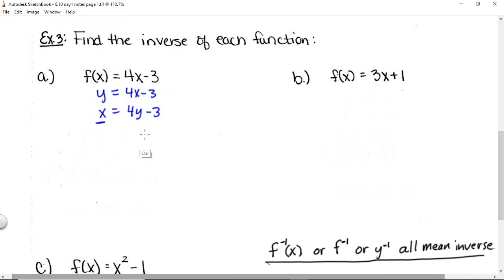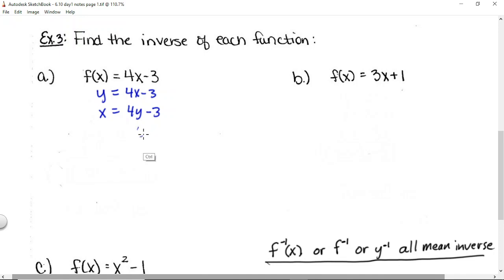But that's not a very practical way of doing things. Instead, what we do is we just solve this for y in terms of x. Okay, so let's do that. We want to get y by itself on one side of the equation. And that will be the inverse of our original function.